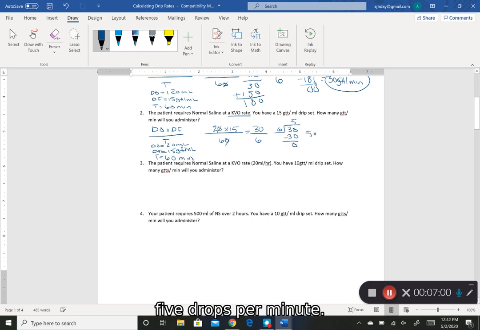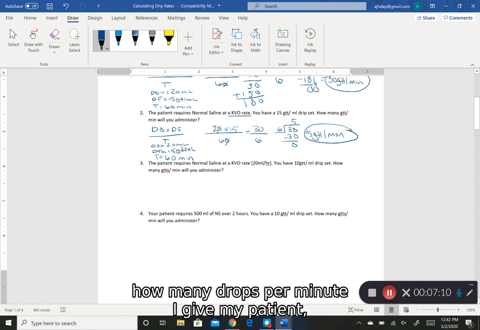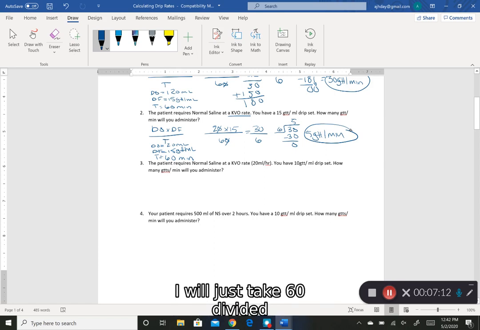So I'm going to give 5 drops per minute. If I was trying to count this out, I would just take 60 divided by 5, which is 12. So I'd give 1 drop every 12 seconds when I'm setting up this drip rate.